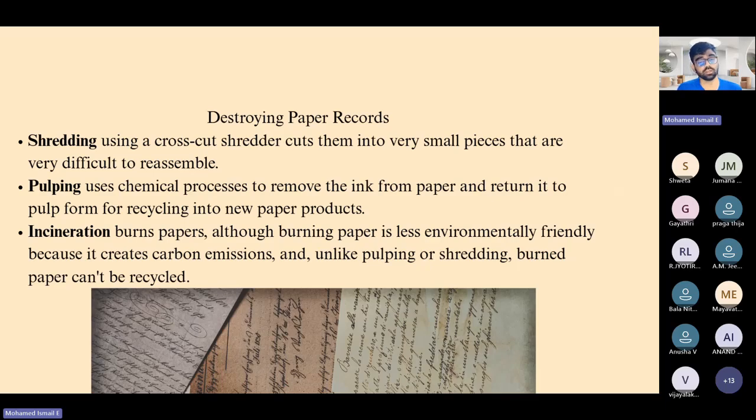So these three methods destroy physical data. You may ask one question: why does a company need to destroy the data? Because you are deleting information which is no longer needed. Once you delete it, we need to maintain confidentiality, integrity, and availability. Confidentiality is here: if an unauthorized person accesses the data, that would be dangerous, right?